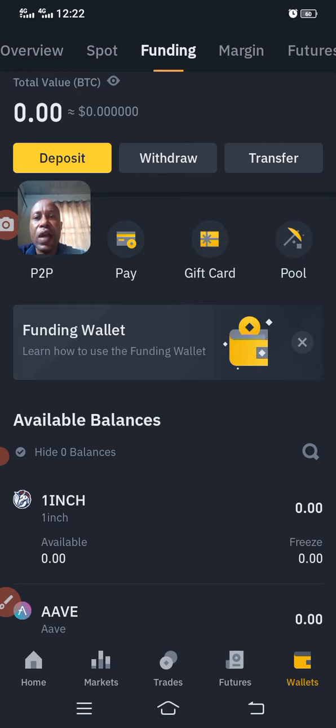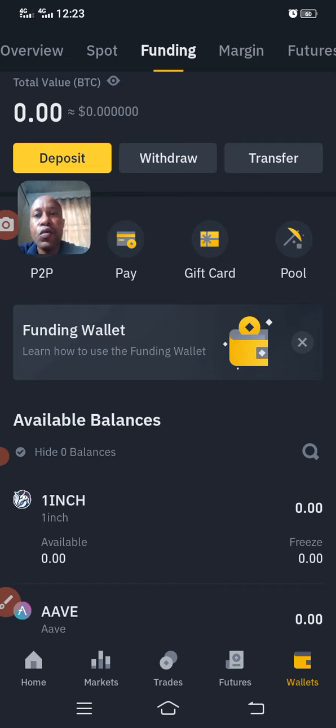This is where you will see the money, whatever you bought from the P2P platform. This is where that fund will be locked up. Assuming you bought USDT from the peer-to-peer system, once the money drops, it will come in the funding wallet, and if you want to use that money to trade in the spot market, the money will not go straight to the spot market; it will be locked up in your funding wallet.